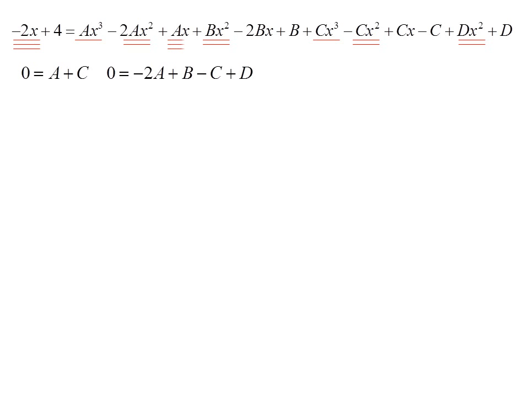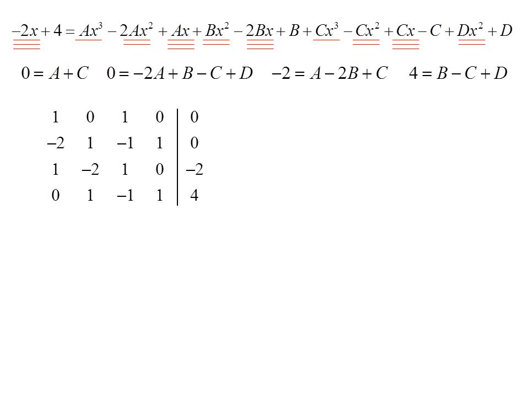For the x terms, there's 1 on the left and 3 on the right. And finally, the units terms, we get 4 equals b minus c plus d. So now we have 1, 2, 3, 4 equations and 4 unknowns.